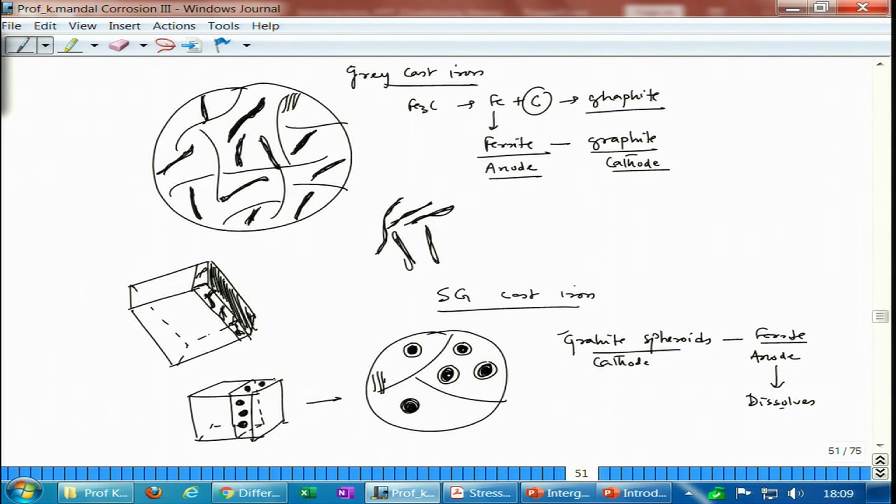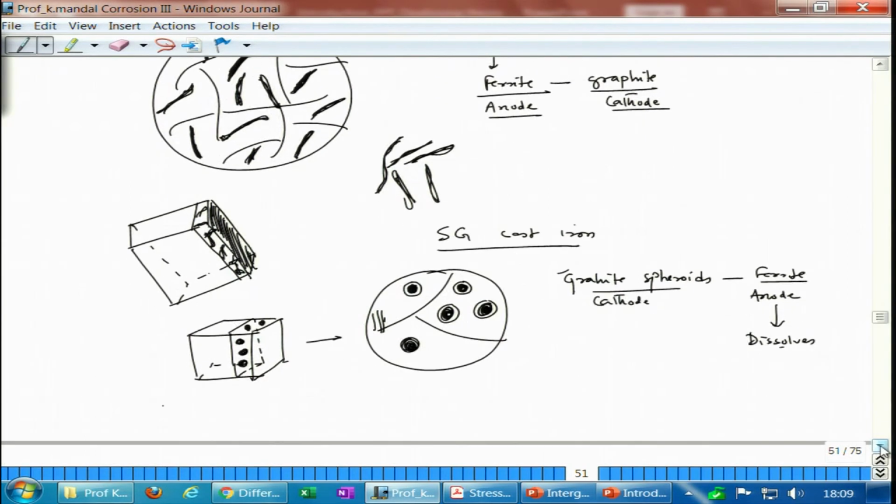So, as the layer disappears due to dealloying or ferrite dissolution, the graphite spheroids will fall off from the surface, and if you do it in a beaker, you will see some small black stuff collected at the bottom. These are nothing but graphite particles, and this happens because the spheroids are not interlocked.